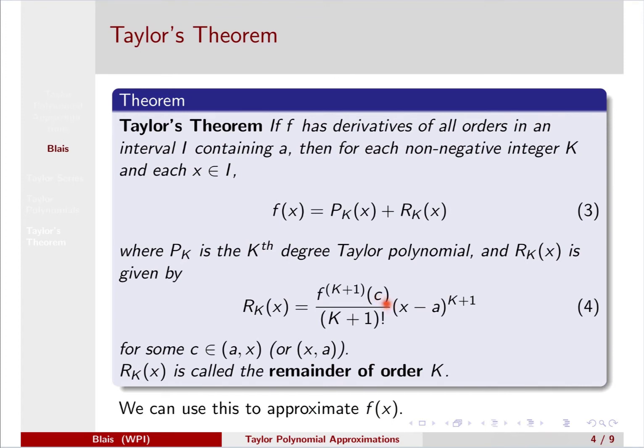We don't know what c is, a priori, but we know where it lives. It's between a and x. And we can use this structure in this theorem to approximate f of x. So again, we're going to say that that kth degree Taylor polynomial is going to be our approximation to f of x.